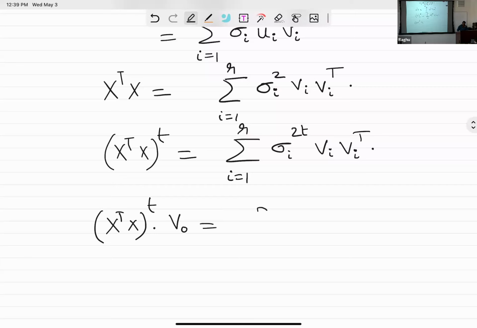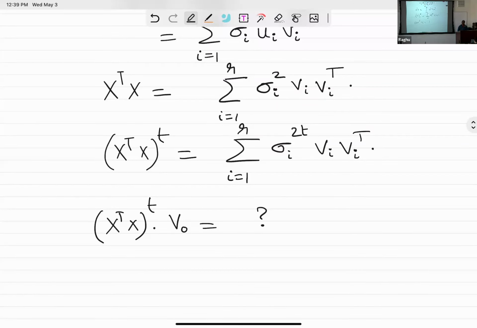We want to understand what this does. Any suggestions on how we might approach it? V0 seems like a completely random vector. How can I quantify what this matrix does when applied to V0?